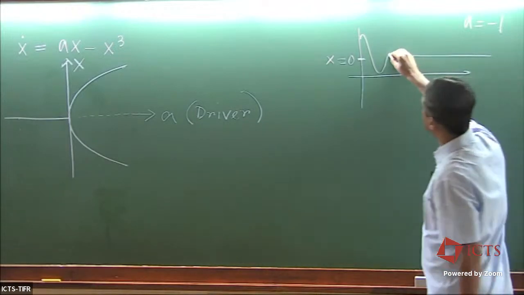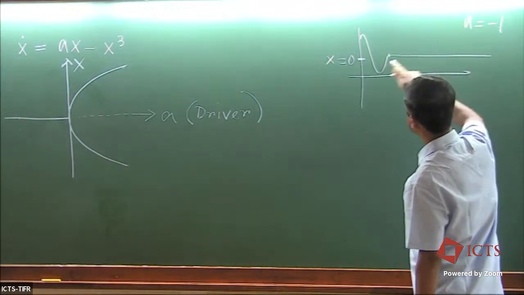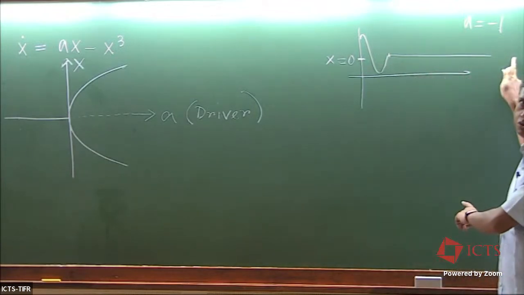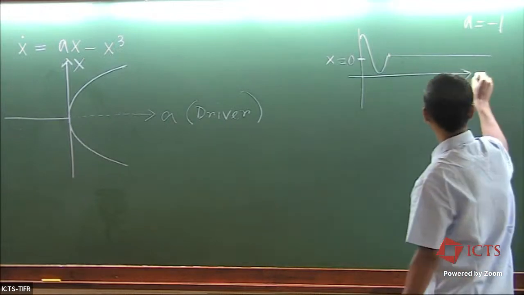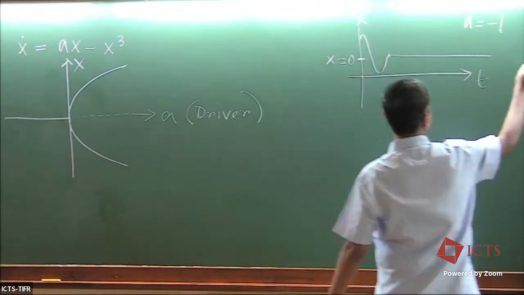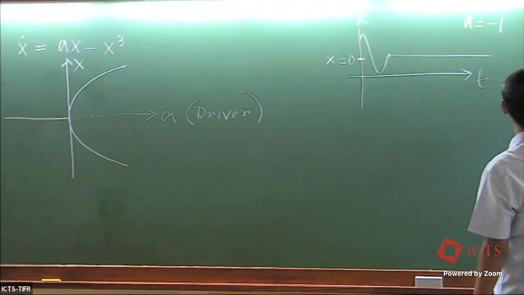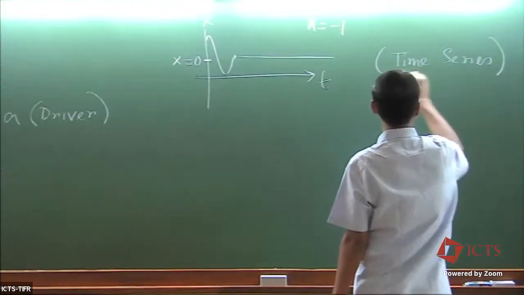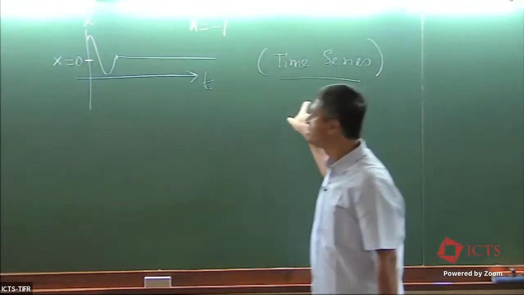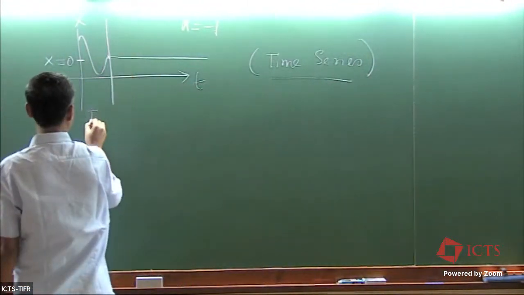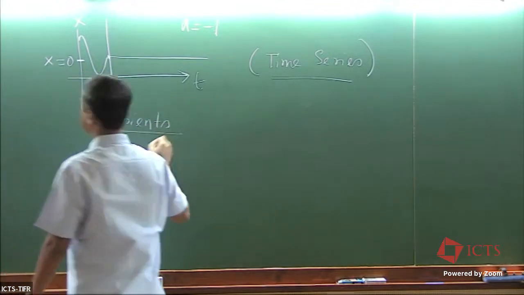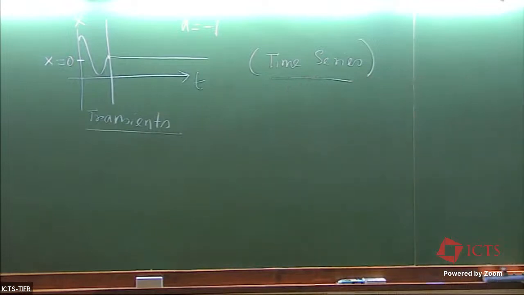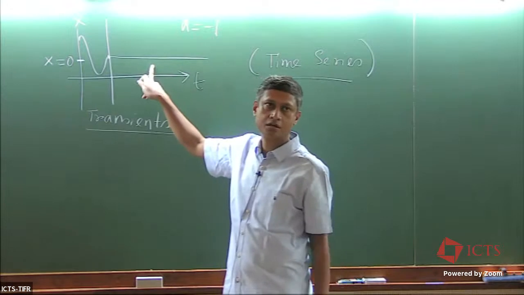So for a particular A, a trajectory settles into x equals 0. This is time and this is x, so what I have drawn here is simply a time series. This is the transient time, the time the system needs to settle into the potential well. After the system reaches the steady state, it will stay there, right?